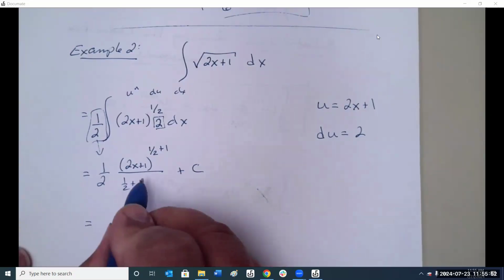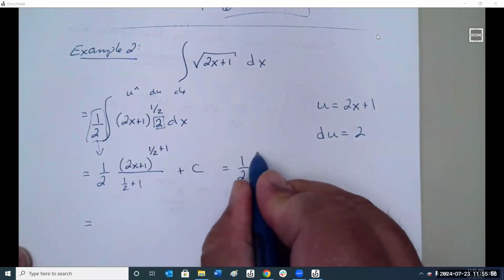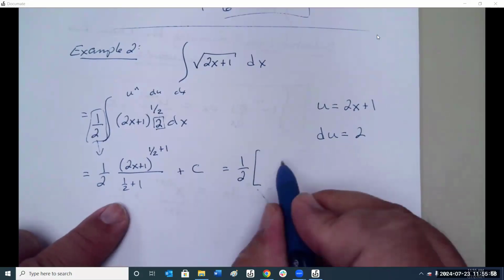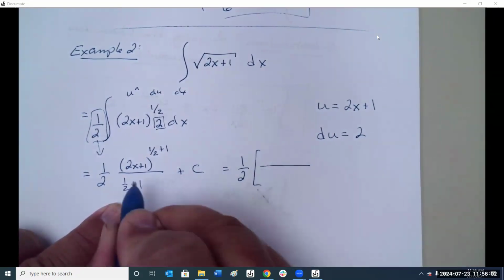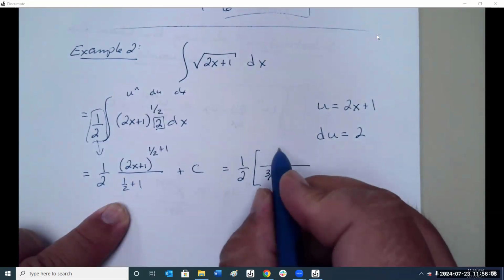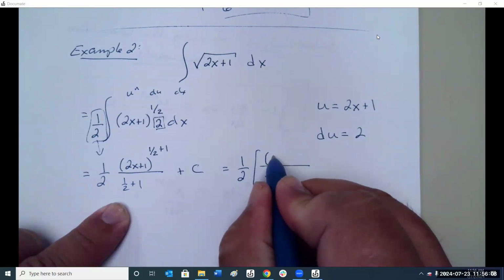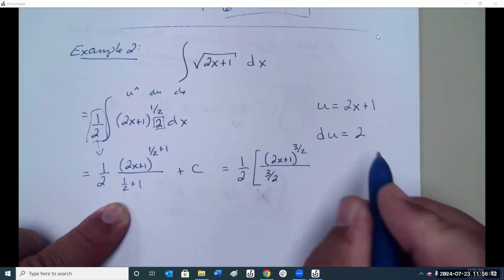So our answer, this on the bottom here, 1/2 plus 1, that's 1/2 plus 2 over 2, which is 3 over 2. 2x plus 1 to the 3/2.